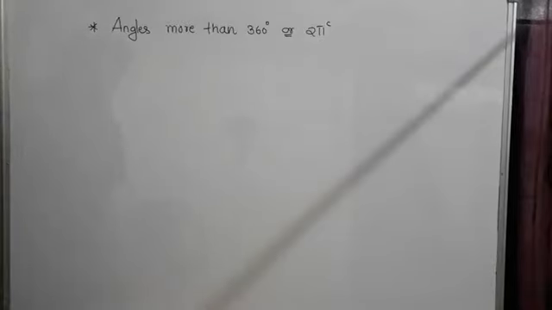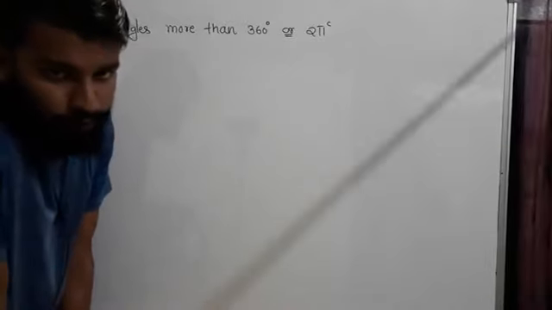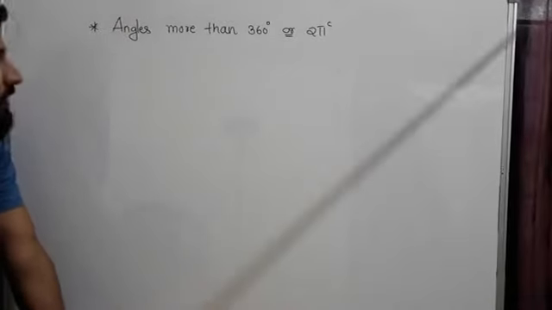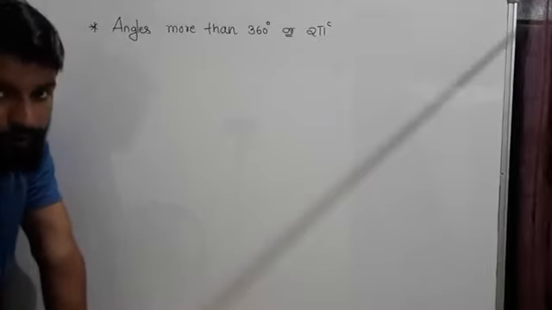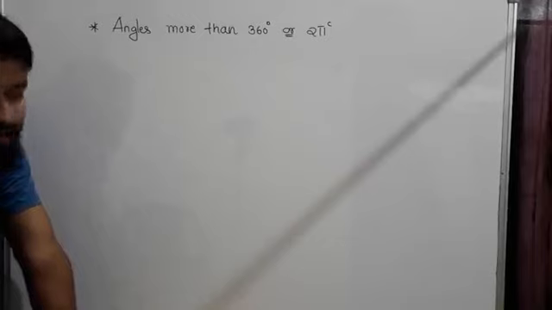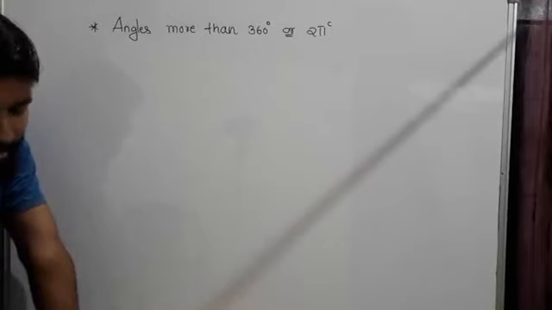Well, dear students, this is the next concept which I'm going to tell you, a very important one according to me. What is that? Angles more than 360 degree or 2 pi radians. Both are one and the same, it's just degree and radian.